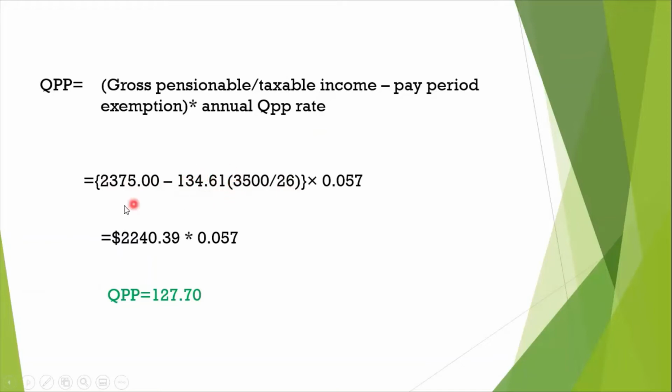When you subtract that amount from here, and then multiply by 0.057, which is the Quebec annual rate, it will give you this amount. So the QPP that you will remove from your biweekly paycheck will be 127.70. This looks higher than the CPP that we were doing at the beginning.